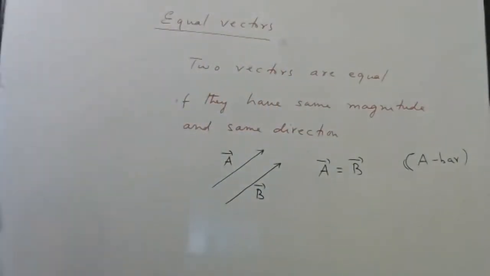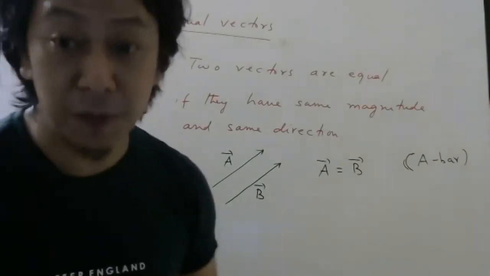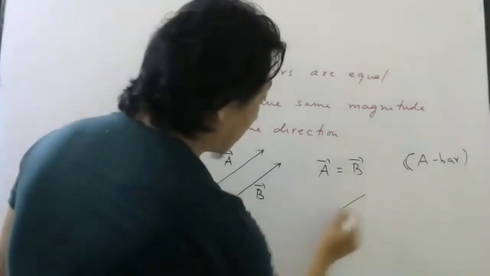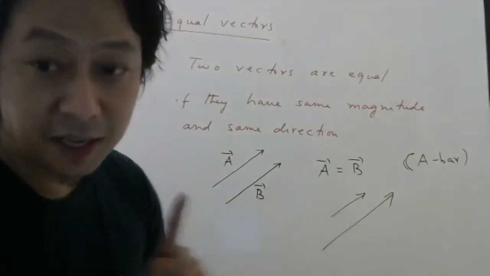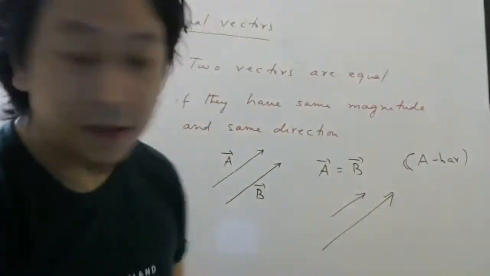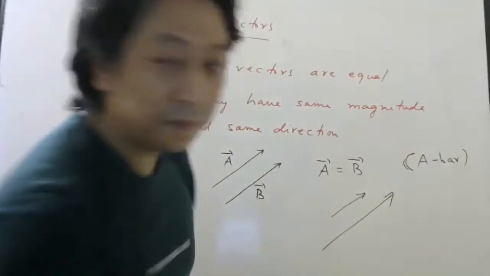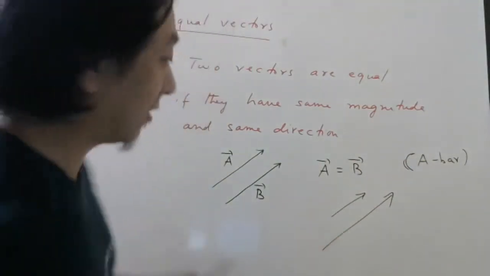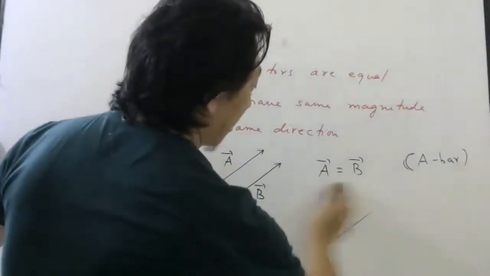This is the meaning of equal vector. It should be parallel, but at the same time, the length should be same. So you cannot say this vector and this vector are equal. They may have same direction, because if this is east, this is also east, right? So direction may be same, but length is not same. So these two are not equal vectors. So only parallel you cannot say.